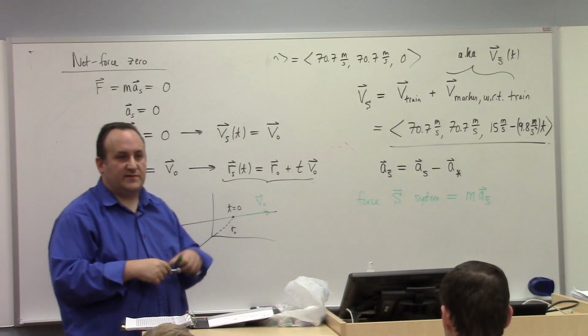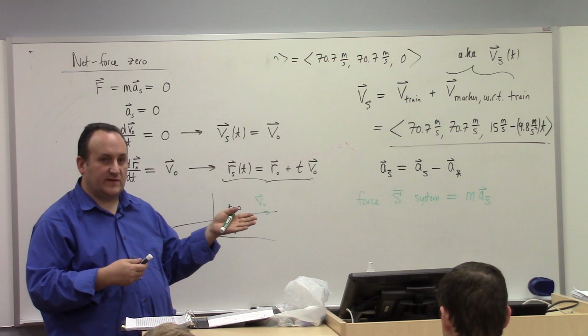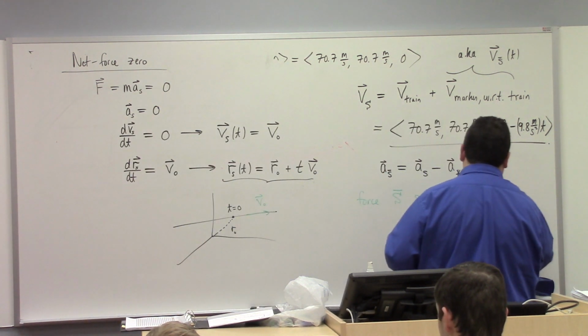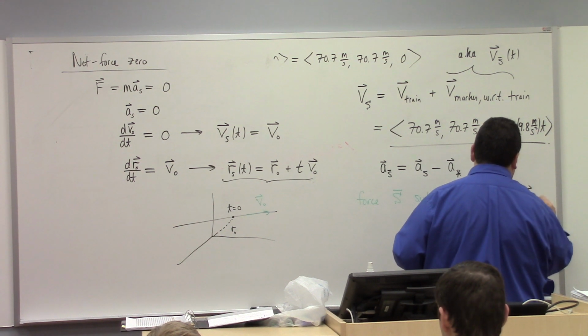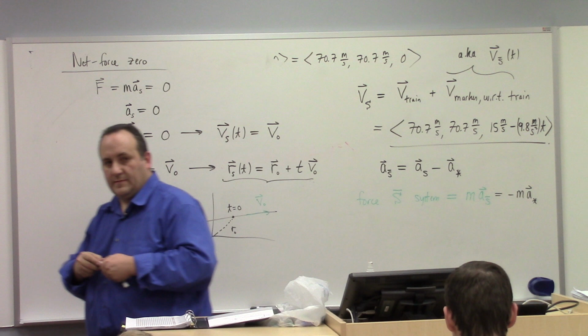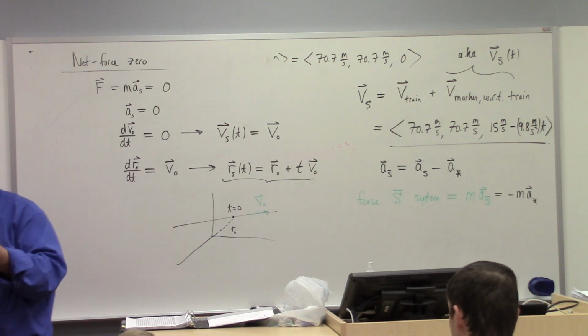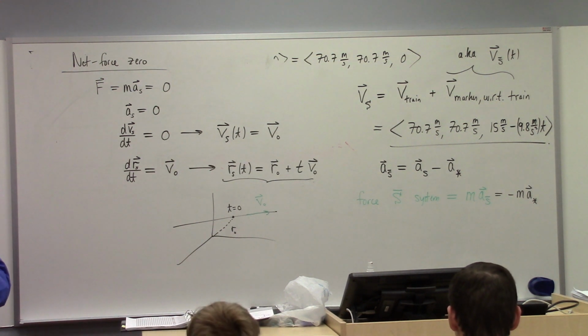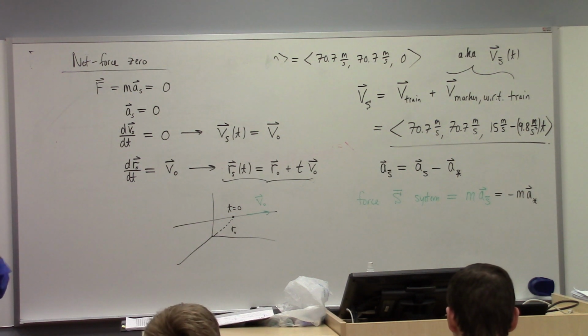And what's that going to be equal to in this hypothetical situation we're considering at the moment? It's going to be equal to minus m a star. So I said the net force is 0, right? But if the a sub star is non-zero, then the net force in the moving frame of reference isn't 0 anymore.